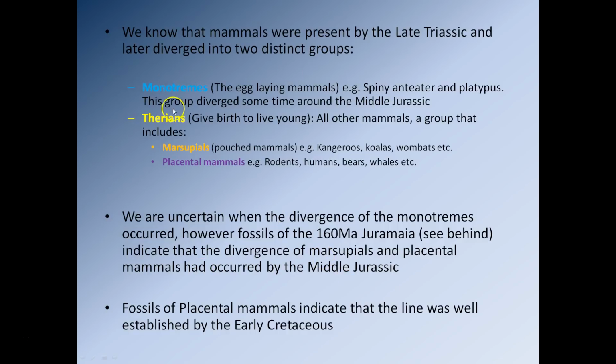So we know the monotremes probably go off on one branch sometime around the Middle Jurassic, and relatively soon after the monotremes go off along their own branch, we have the therians, and then not long after that, the therians split off to give the marsupials and the placental mammals. So the divergence of the mammals appears to have occurred in the Middle Jurassic. We have fossils of placental mammals that indicate the line was well established by the early Cretaceous. So the separation was very noticeable by the early Cretaceous.